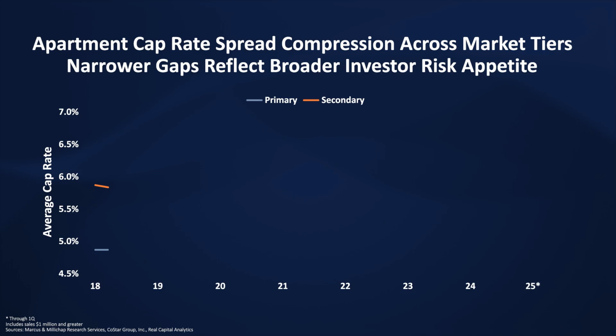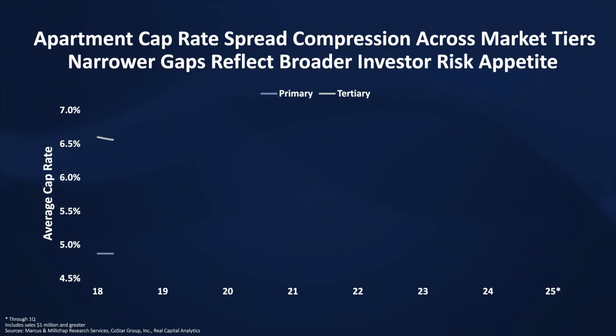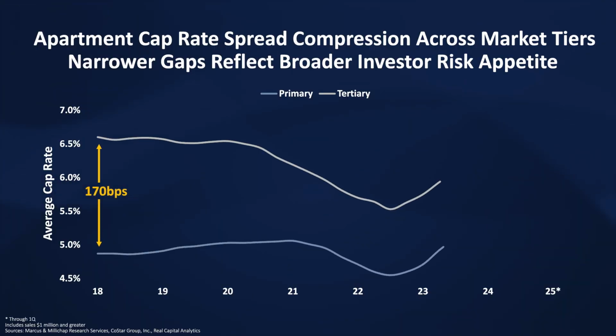So there was a compression of the market risk premium between metros of different sizes as capital pursued the higher yields offered by smaller cities. Back in 2018, the spread was about double that. So my point here is that there are definitely nuances affecting different types of assets in different markets.